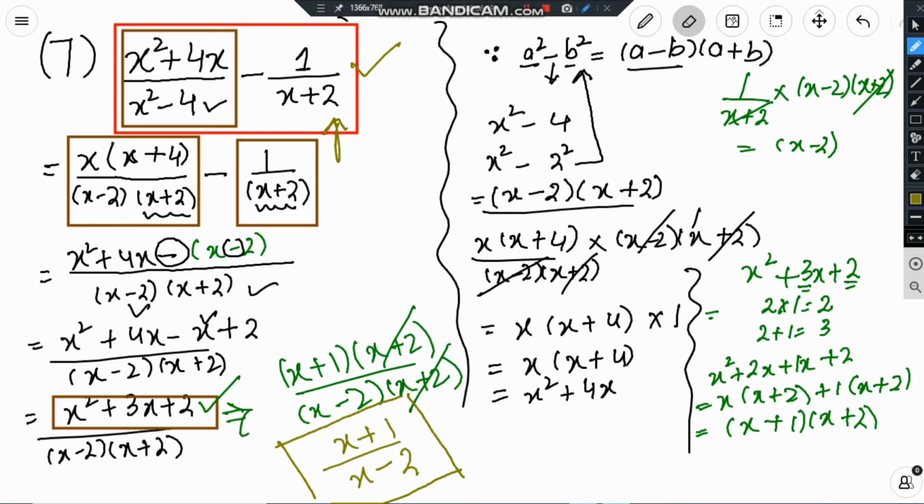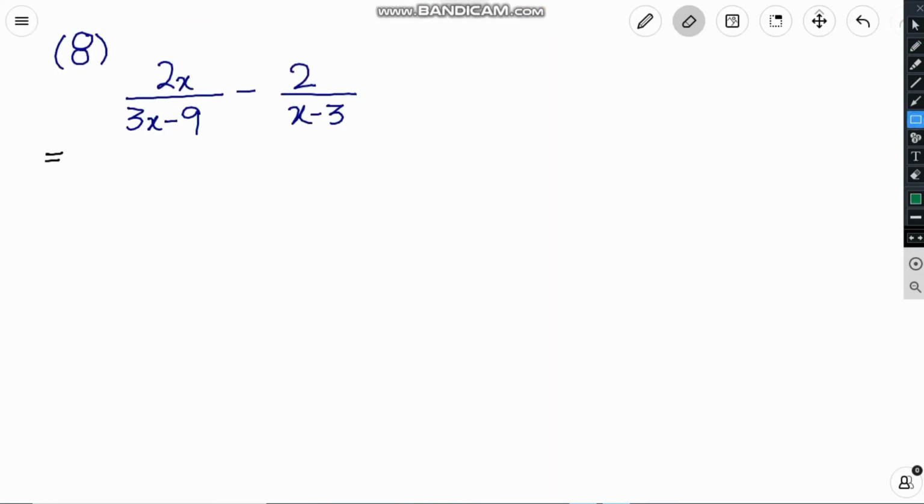Okay, let's move towards your next question. This time, first have a look at the given question. We are given two rational expressions with different denominators. First, notice whether you can make your question simpler.